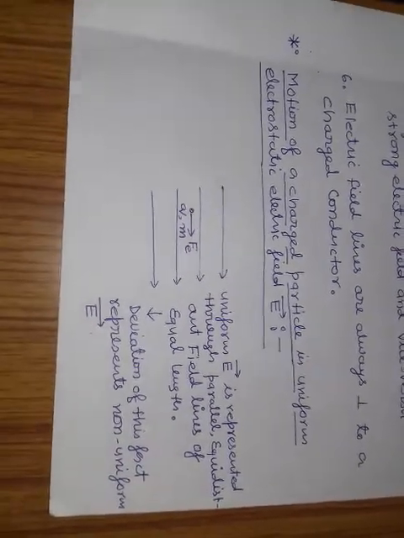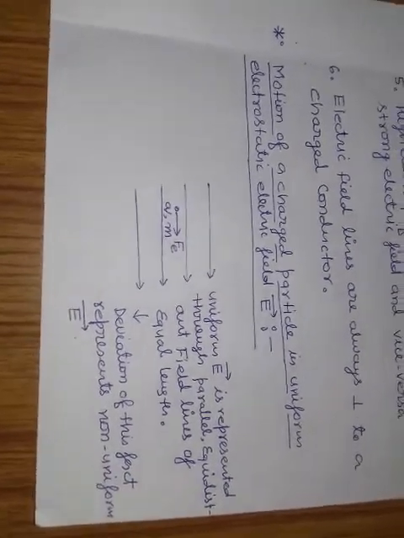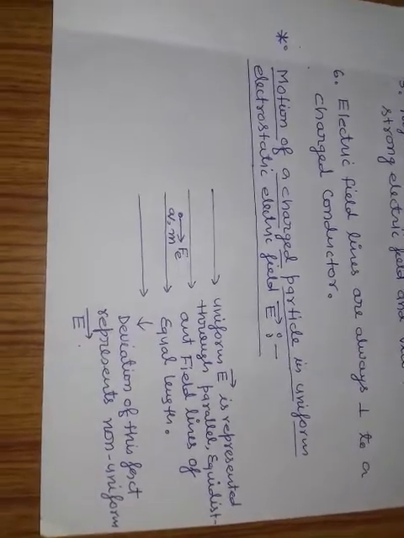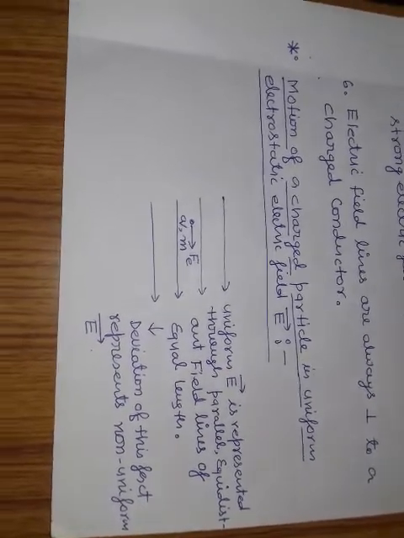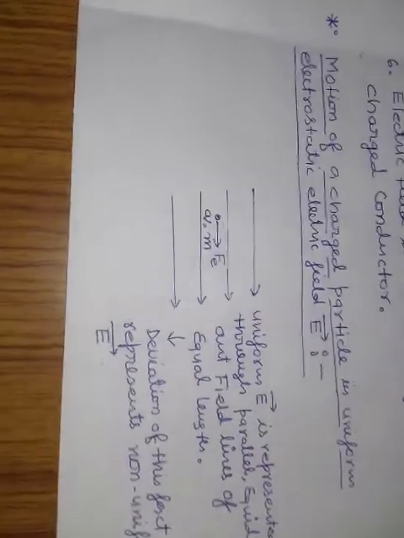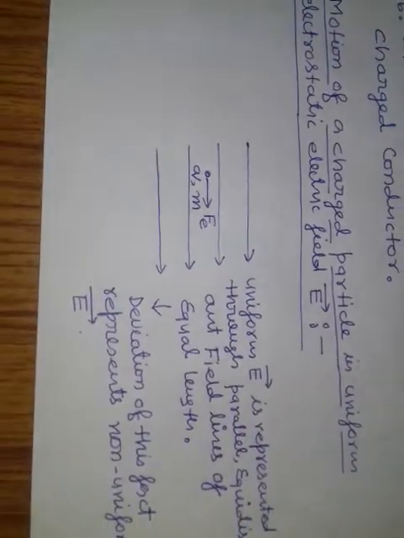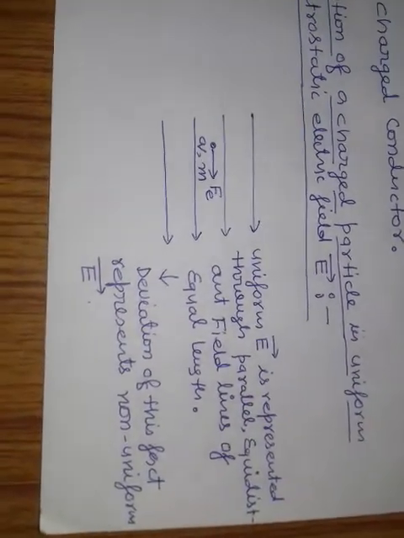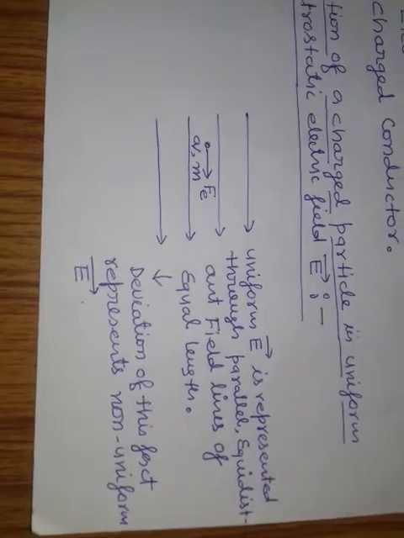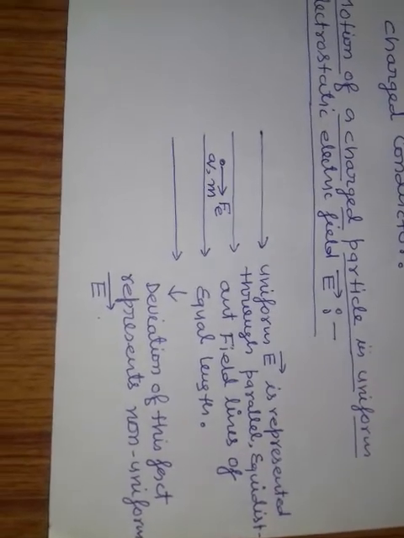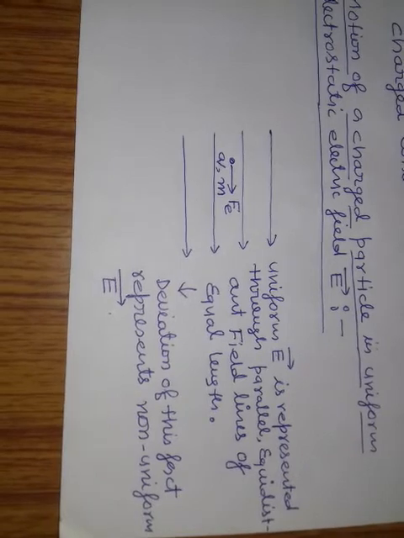Okay, I can carry on. So the next topic is motion of a charged particle in uniform electrostatic electric field. First of all, the uniform electric field is represented through parallel equidistant field lines of equal length.